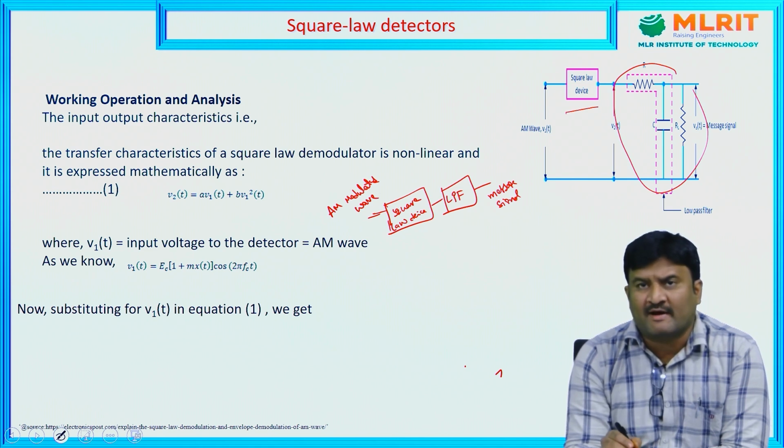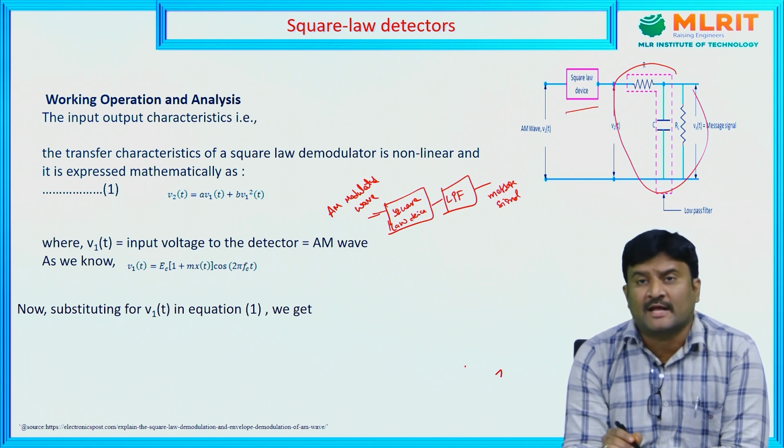Here we have the square law device and the low pass filter. Why am I taking the low pass filter? You know that the low pass filter allows only the low frequency signal. You know very well we have two signals in the modulation process: the message signal and the carrier signal. The message signal is a low frequency signal and the carrier signal is a high frequency signal. But the output of the demodulation process should be the message signal, a low frequency signal.